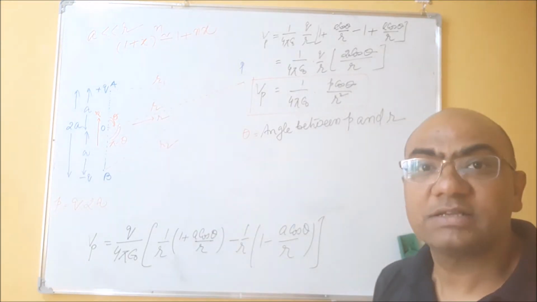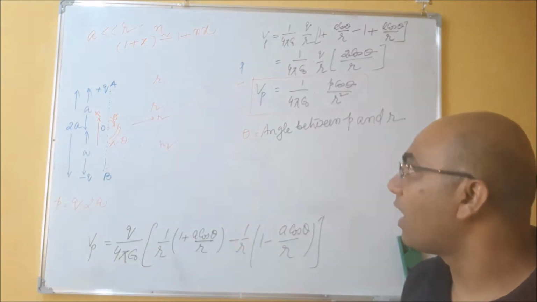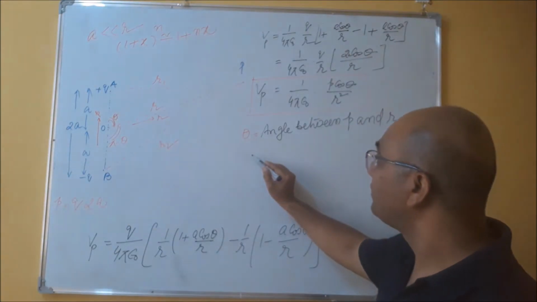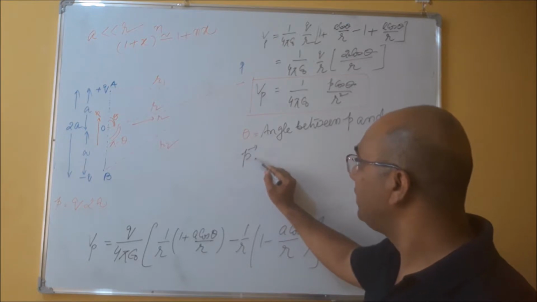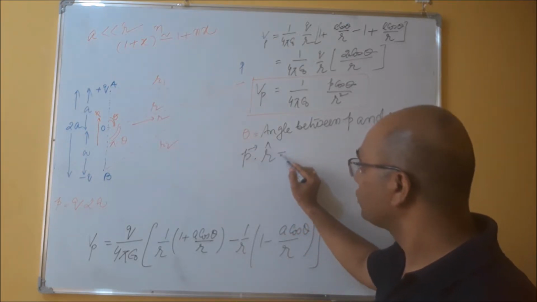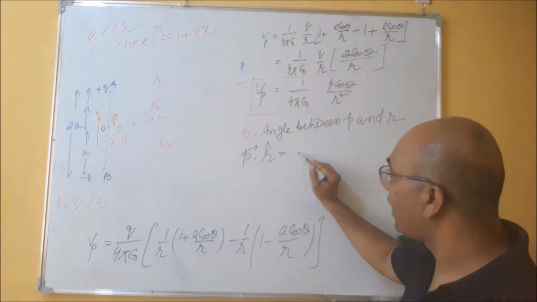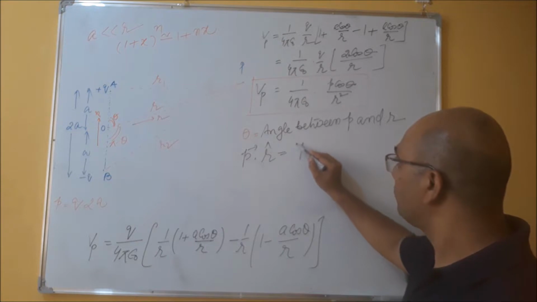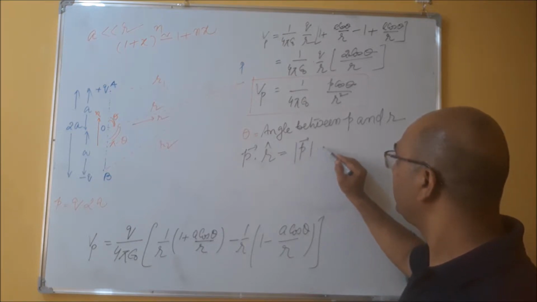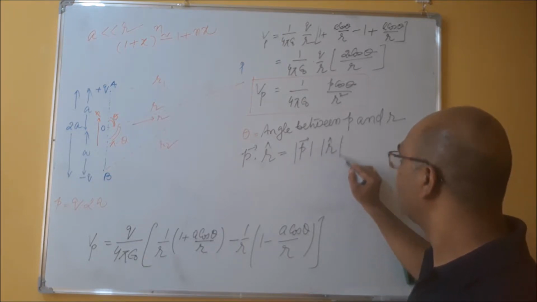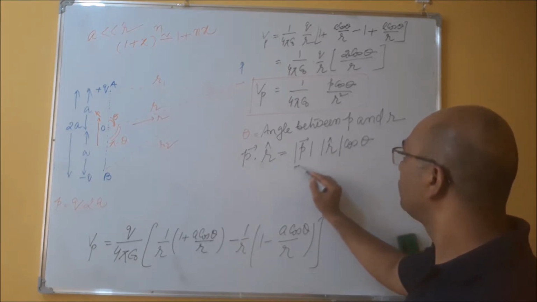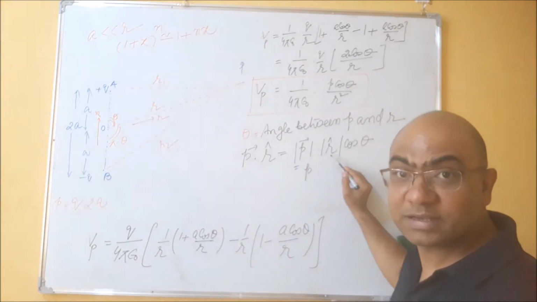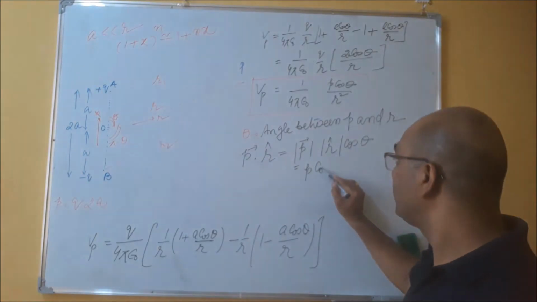The direction of p I know, the direction of r I know. In other words, I can also write p dot r cap, which gives p into mod of p into mod of r cap into cos theta. The mod of r cap is 1, so p cos theta.